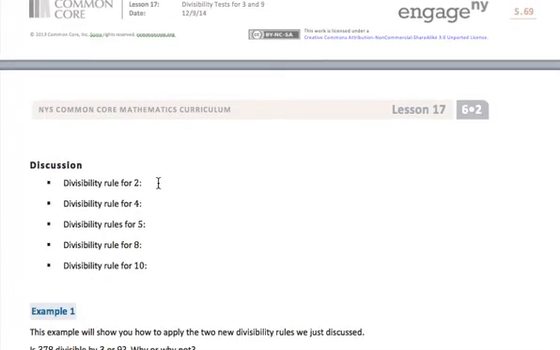The divisibility rule for 2 is that the number is even, or that its last digit is a 0, 2, 4, 6, or 8.